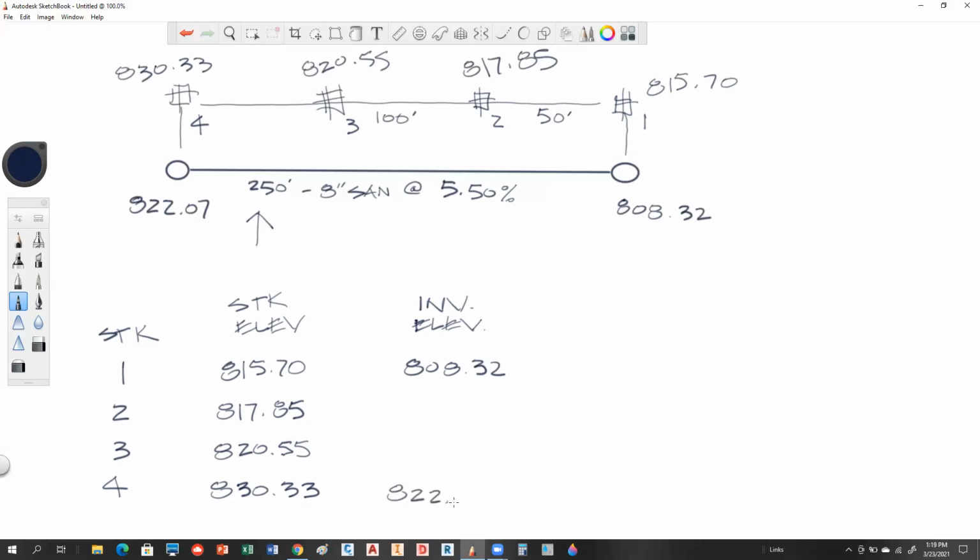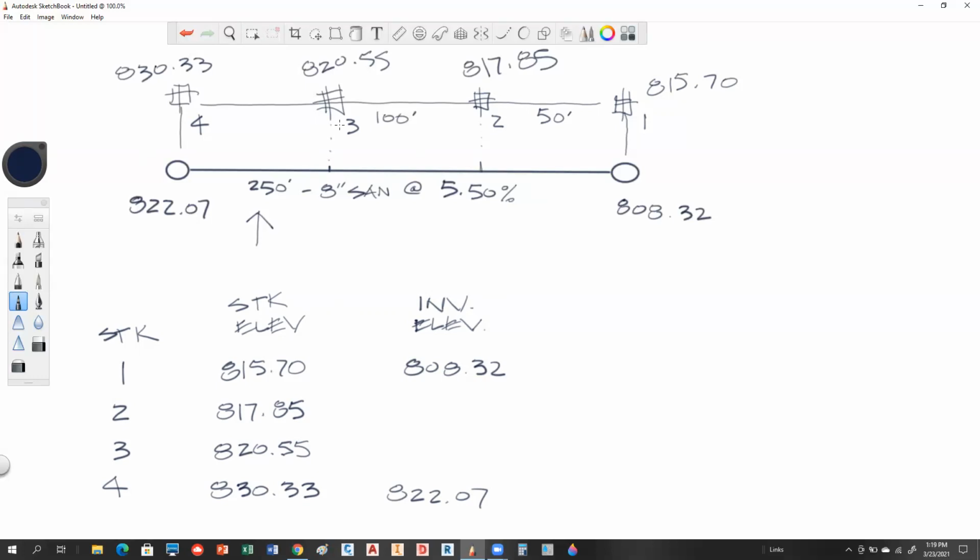And the invert at stake 4 is what? 822.07. All right, so we need to calculate the invert here and the invert here. Okay, so how do we do that? You would use the slope gradient, and then you would use the amount of feet for each one. Okay, from 808.32, you use 50 feet.